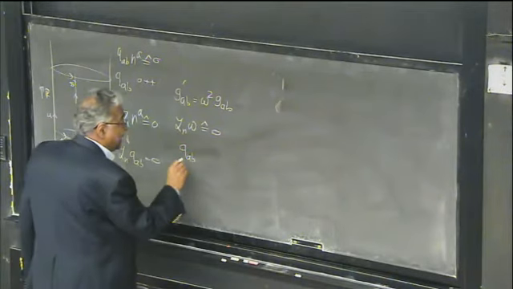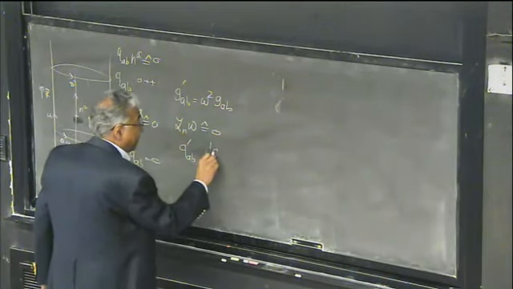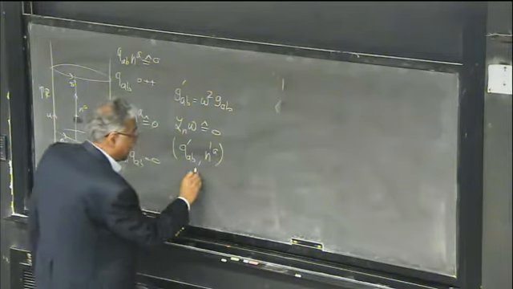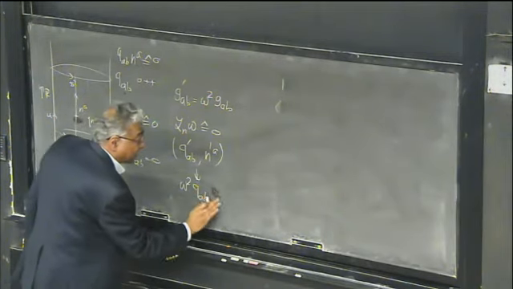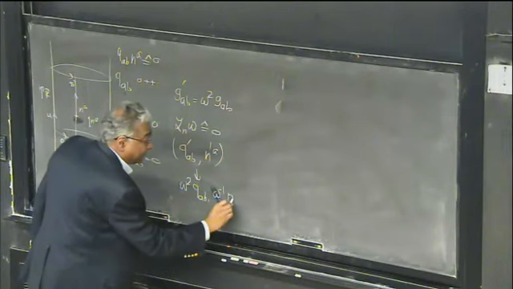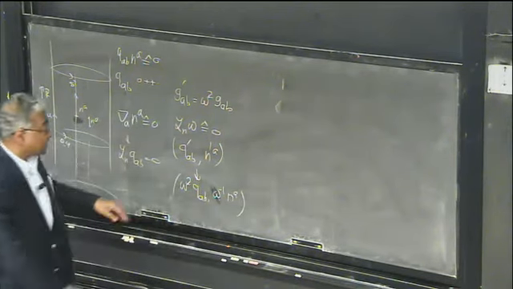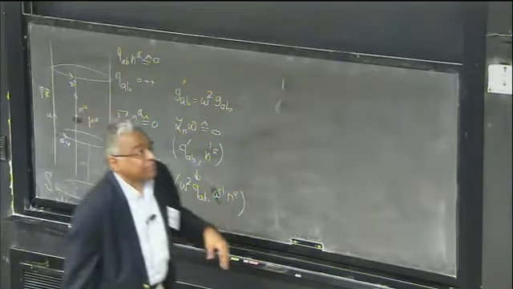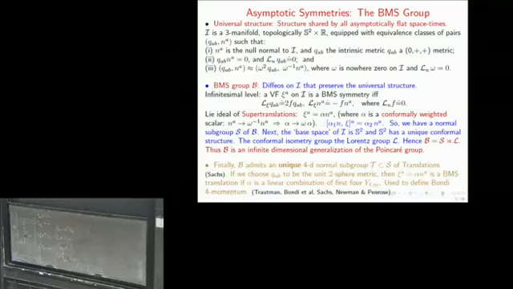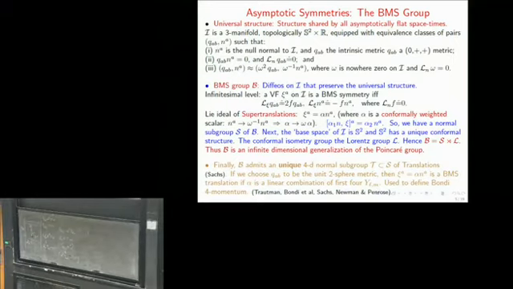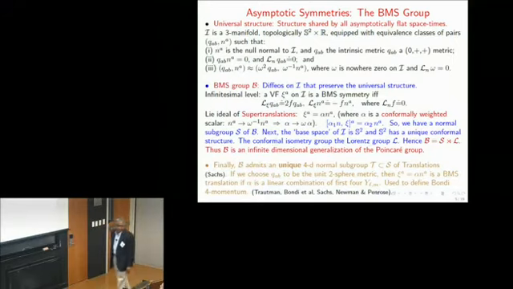So q_ab, then q'_ab and n'^a, this pair is mapped to just omega squared times q_ab and omega to the minus 1 times n^a. So we've got these pairs which are related to each other by these conformal transformations. So I've got this equivalence relation up here where omega is nowhere vanishing and the Lie derivative along n of omega is equal to 0.